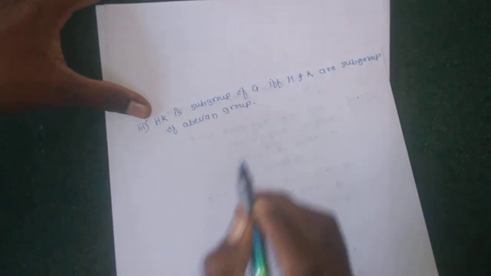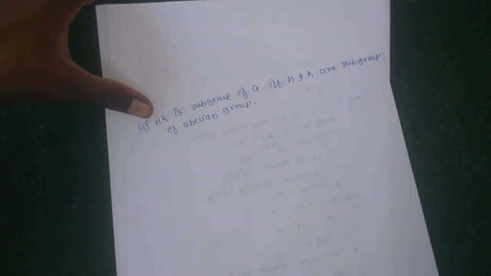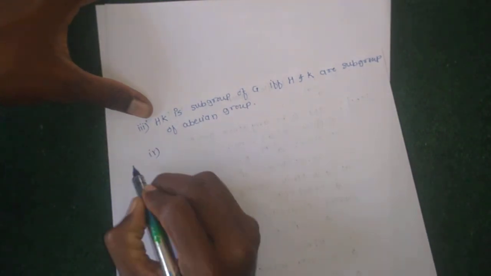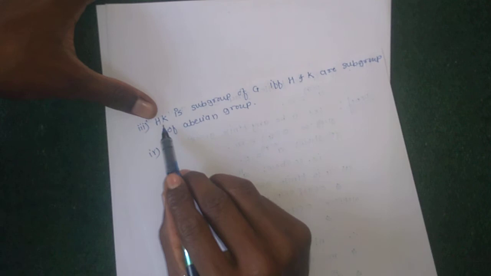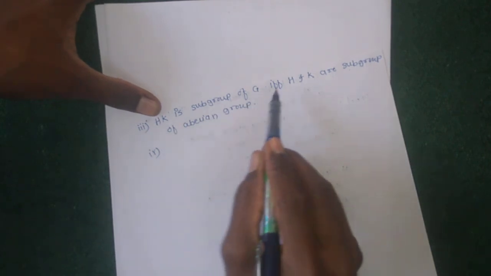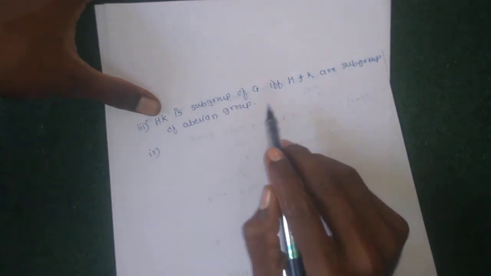The product of two subgroups is a subgroup when H and K are subgroups of an abelian group. If G is abelian, then the product of two subgroups is again a subgroup.